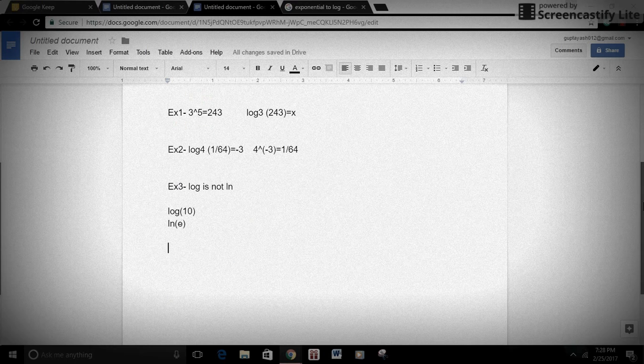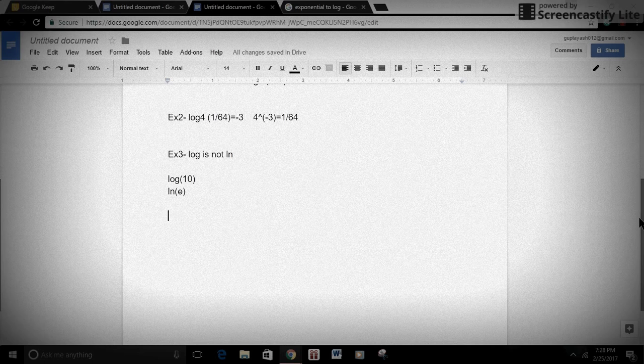So we have 0.25, and we want to find its common logarithm, or the regular log base 10, and the natural log of this number.